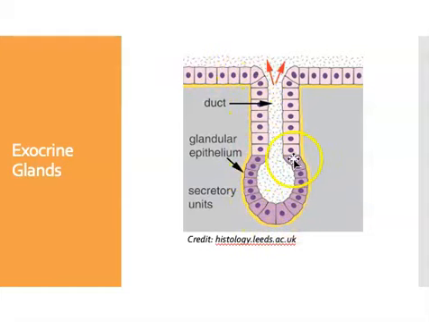You can see all of the cells here that make up this gland. We would call this a simple exocrine gland because it has a single duct associated with it. We would also call it an acinar gland or an alveolar gland, again, depending on the source you're reading. And that's because the acinus is wider across than the duct is.